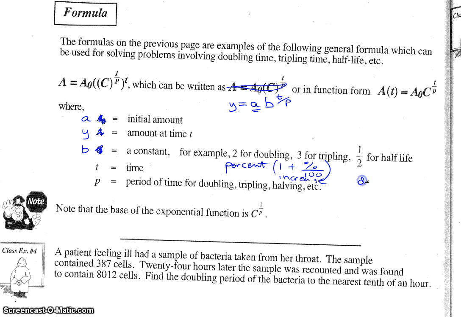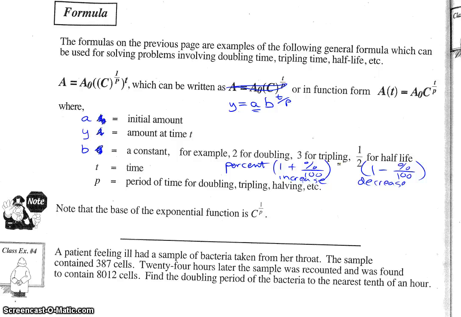And if it's decreasing, we're going to go 1 minus whatever our percent is over 100. Very similar to this first one with the plus, our compound interest formula. Now P is still P. It's the period of time for doubling, tripling, halving, or whatever percent increase or decrease it's growing by, the time period.